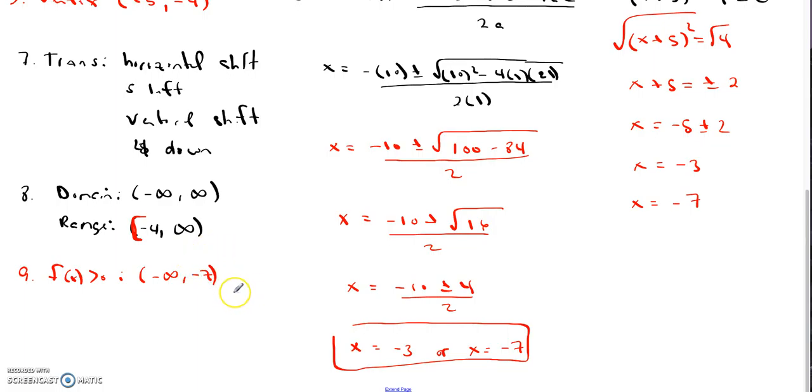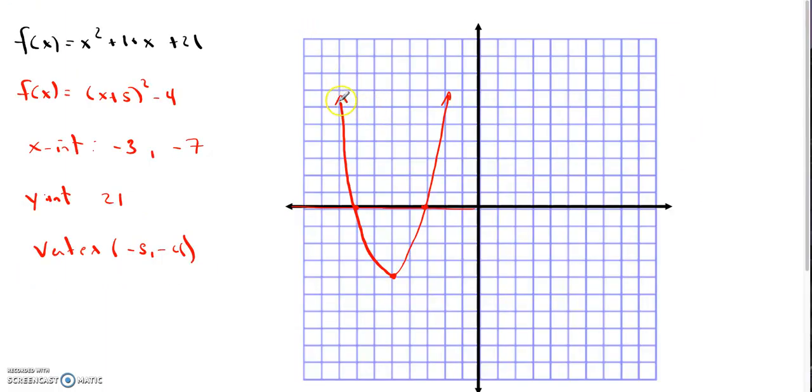Then it falls below the axis, union, and it starts up again at the intercept negative 3 to infinity. So if we look at that again, it's greater than 0 here, and it's greater than 0 here. So from negative infinity to the x-intercept of negative 7, and it starts again at negative 3 to infinity.